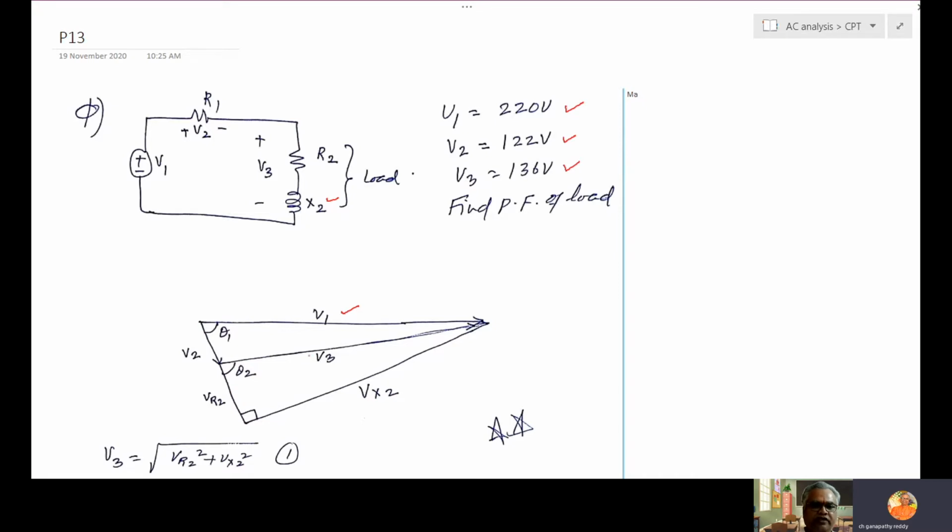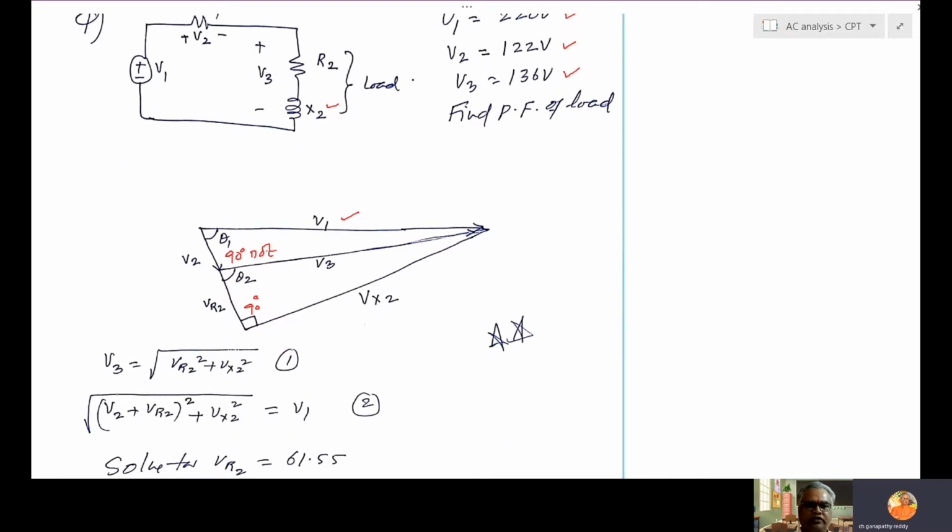Definitely this will form a right angle triangle. And VR2 also will go along with V2 only. So VR2 and VX2 vector addition will give V3. And V2, V3 vector addition will give V1. And this angle is not 90. This is not 90, but this is guaranteed 90. That is very, very important.